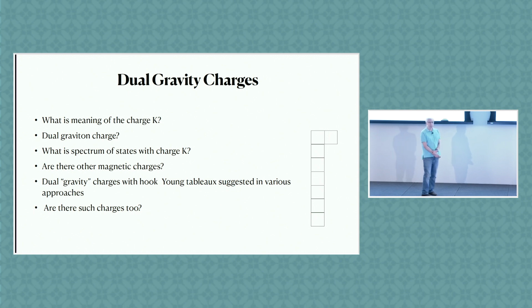So what is the meaning of this charge? It's some sort of dual charge for gravity, and in the linearized theory, as I want to argue, it could be thought of as a magnetic charge for gravity, which could be thought of as an electric charge for the dual of the graviton, the so-called dual graviton.